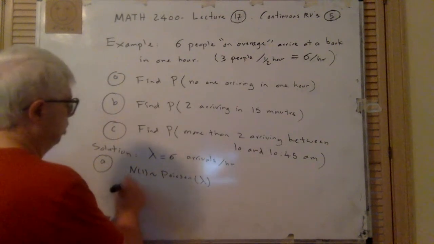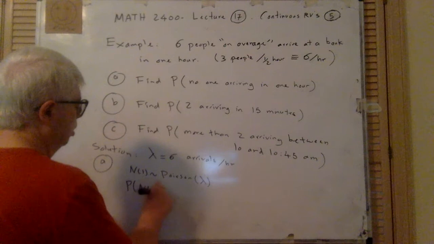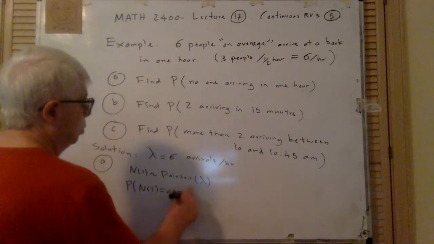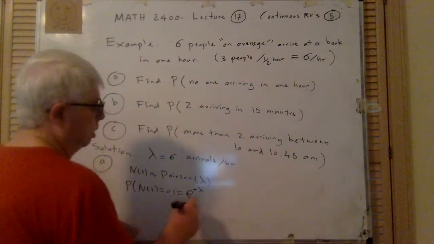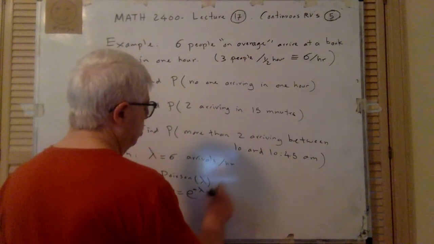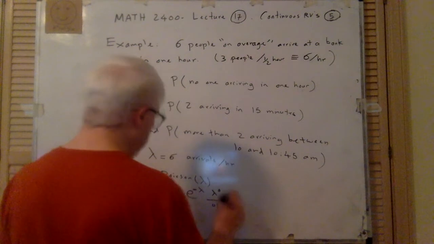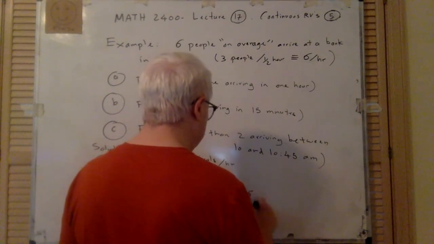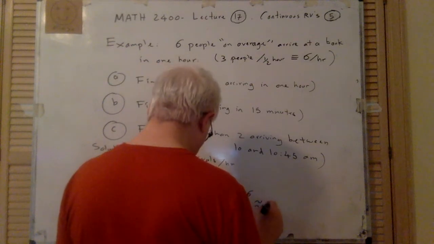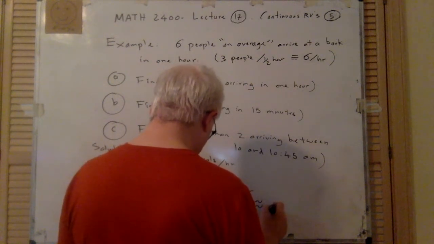And we want to find P of N(1) is 0, so it is e to the power minus lambda times lambda to the power 0 over 0 factorial, and that is e to the power minus 6, which is approximately 0.002479.